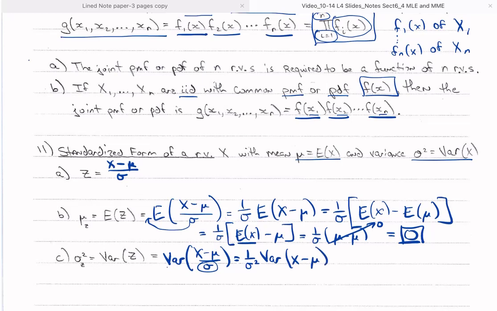Okay? Well, by definition, the variance of x minus mu is equal to sigma squared. So this is 1 over sigma squared times sigma squared, which is sigma squared over sigma squared equals 1. So the variance of a standardized random variable is always 1, and the mean is always 0.